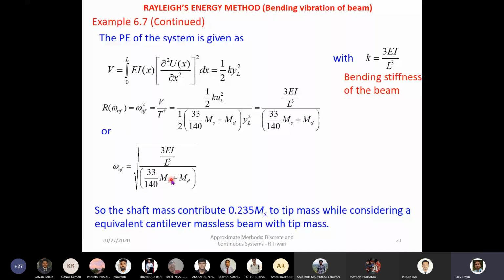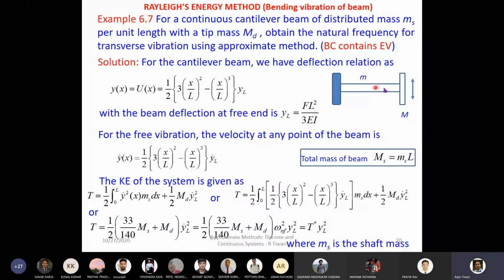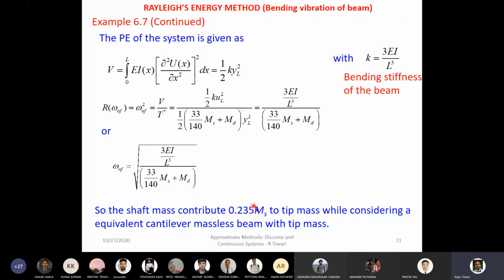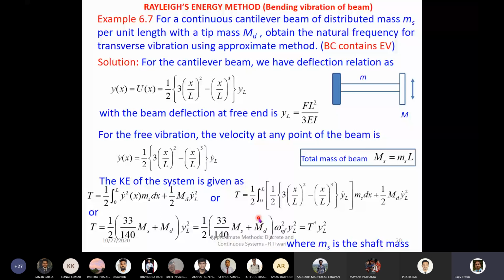This is an equivalent system in which we lump the mass of the shaft to the disk by multiplying by the factor 0.235. Then the new system, having no shaft mass and only the disk with additional mass, will give the same natural frequency as the previous system.